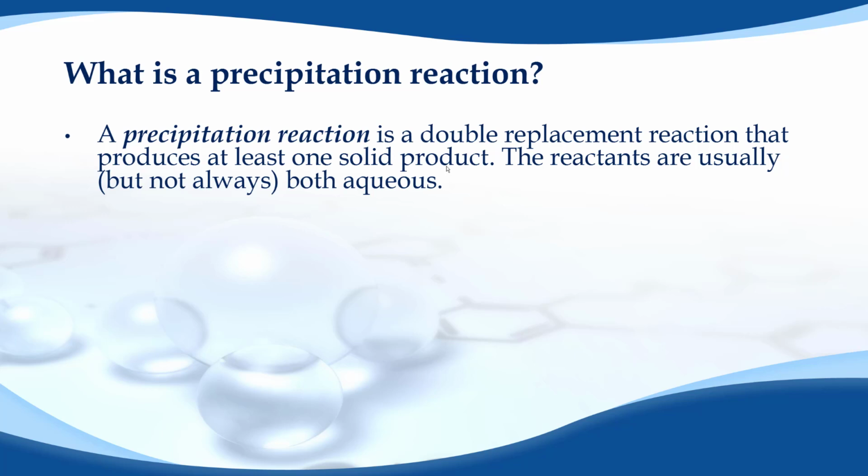You may wind up with one solid reactant, sometimes even 2 solid reactants. But the key thing here is that at least one of your products has to be a precipitate. It has to fall out of solution. That's what a precipitate is.